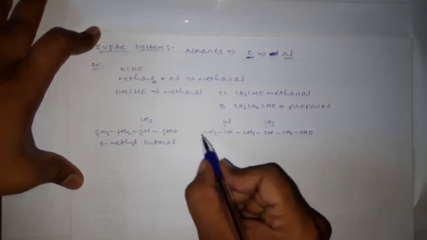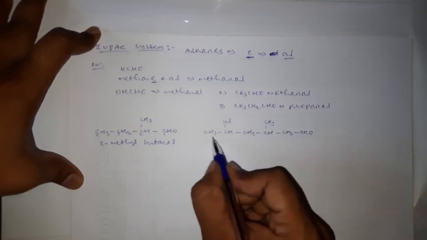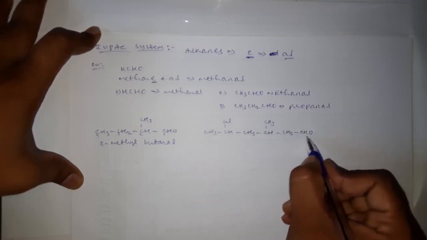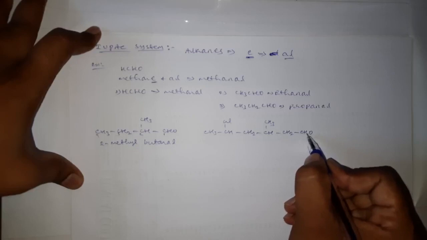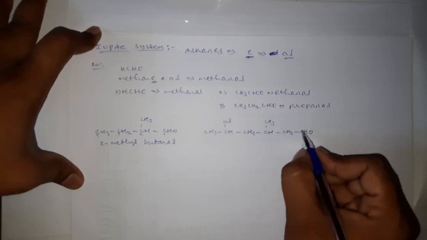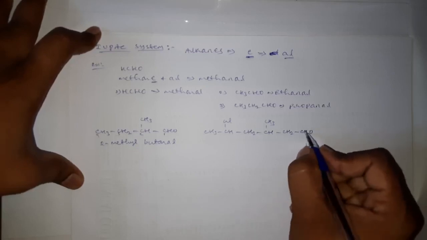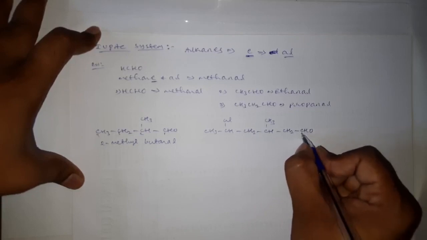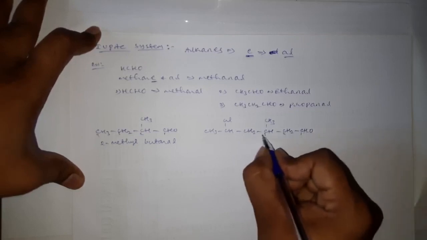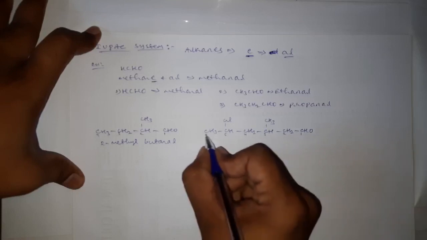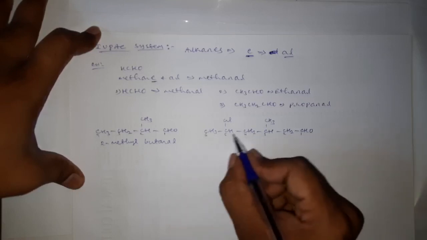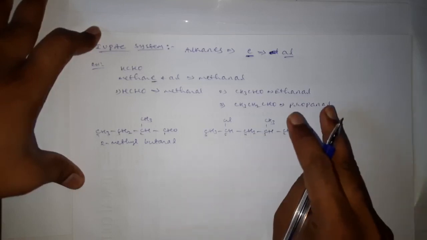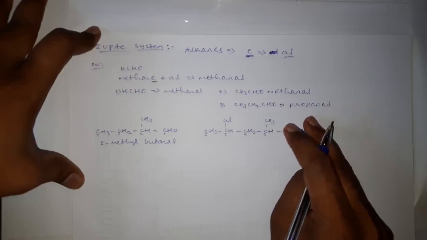Okay, and here we should select the longest chain as the parent carbon chain, and it is containing an aldehydic group, and we have to start numbering from the aldehydic carbon, meaning the carbon of the aldehydic group should get the least number, that is 1, 2, 3, 4, 5, 6, and on the third and fifth carbons two substituents are there, and while naming the substituents also we have to maintain the alphabetical order.